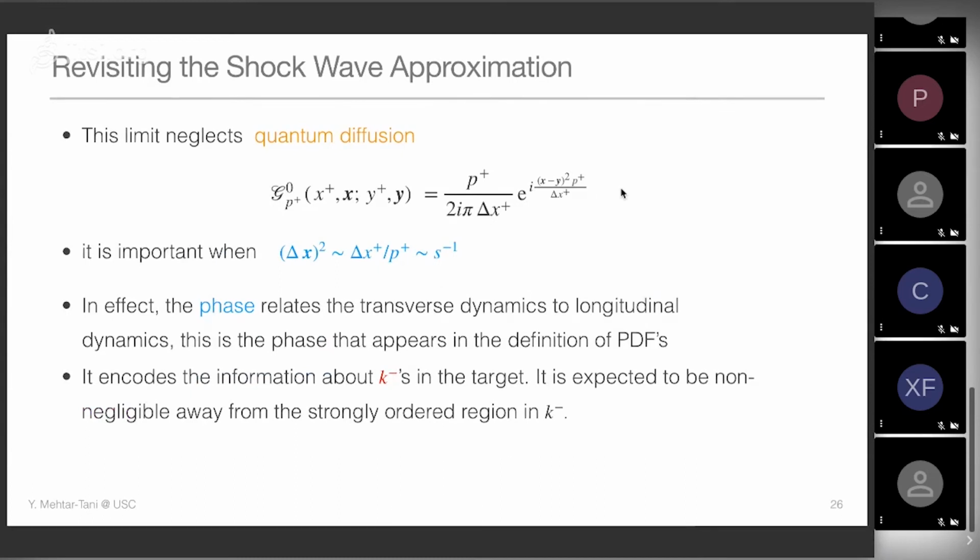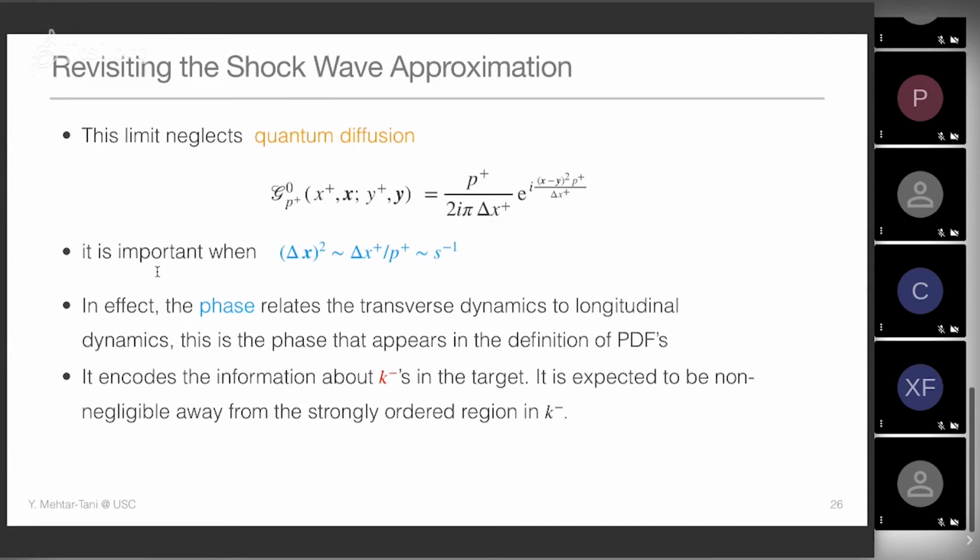So first of all, as I said, we neglect quantum diffusion. Even if you have transverse momentum, with a transverse coordinate that doesn't change during the propagation, you still have quantum diffusion, and quantum diffusion can be important.